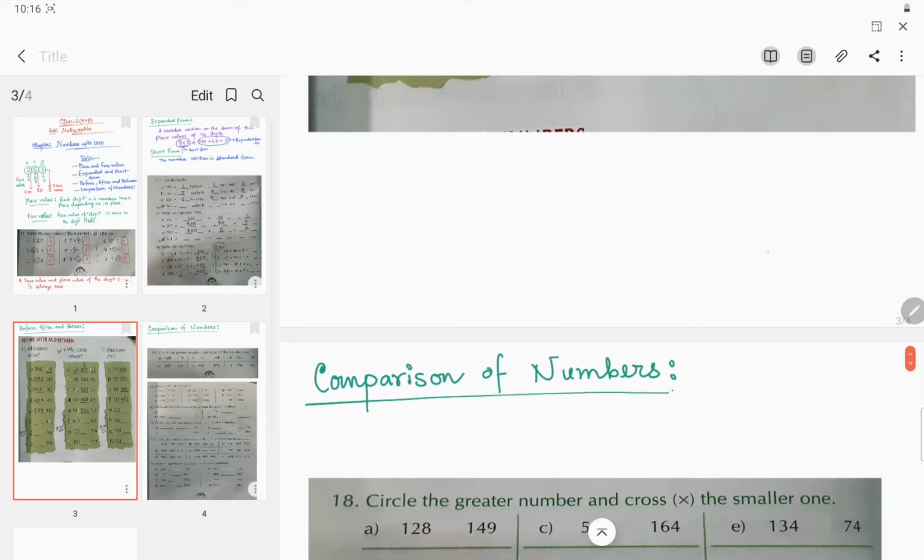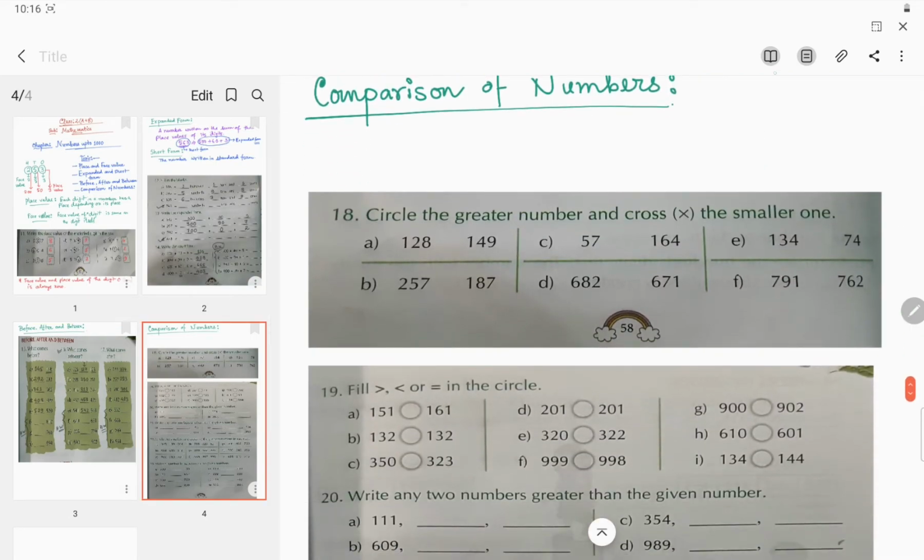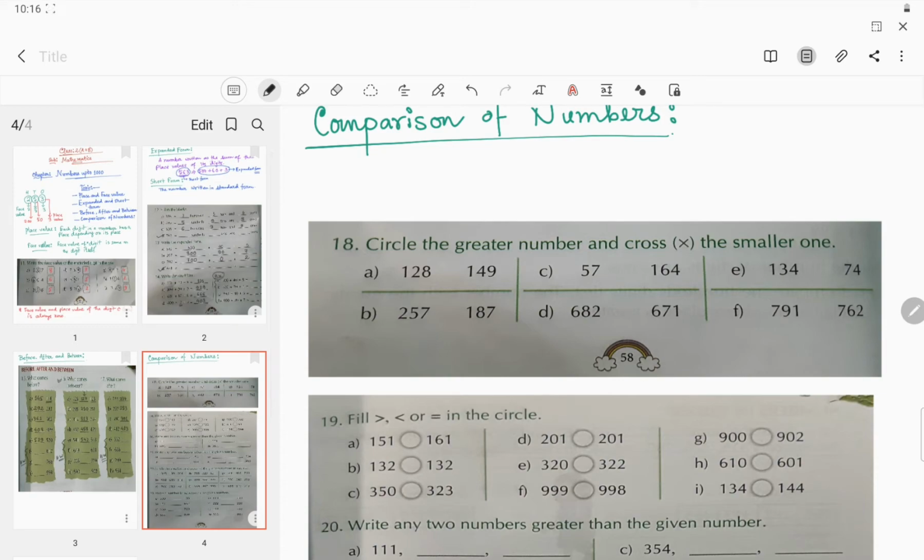Okay, now I'm coming to the comparison of numbers. You can compare the numbers, which one is largest, which one is smallest. You already learned this in the previous lesson, in the first chapter. If I give you 58 and 53, you can easily check that 58 is greater than 53.